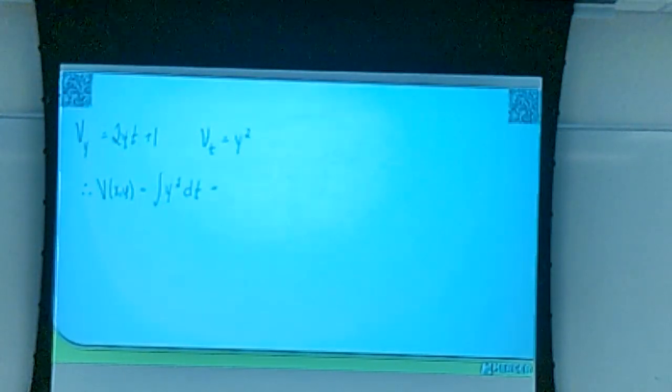What is that antiderivative? y squared t plus, or sorry, plus a function of what? t, or is it y? This one, y. You anti-differentiate with respect to t, so the function's going to be with respect to y.